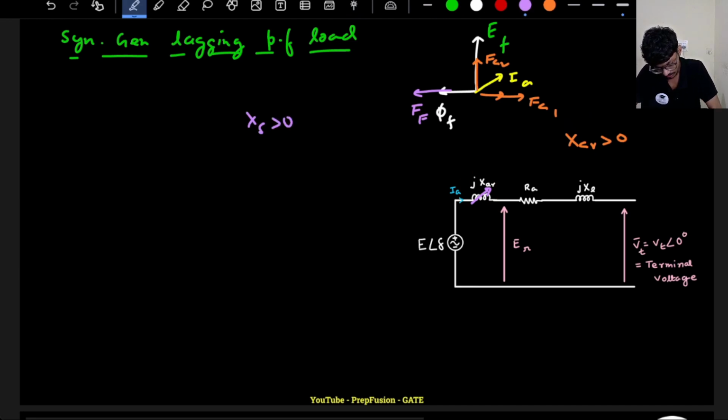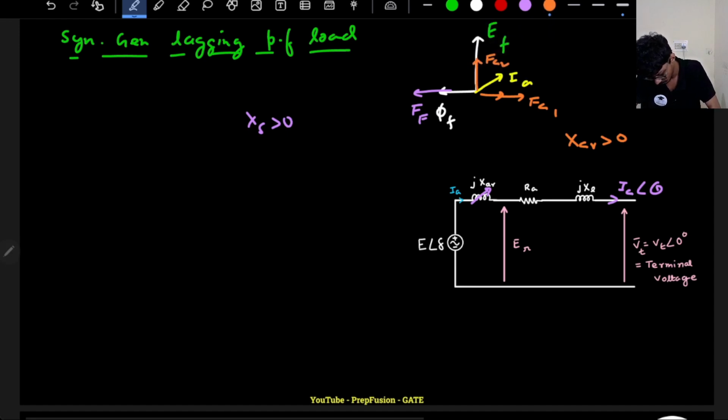So now let's draw the phasor. This is my current IA which is lagging. This is my VT angle.